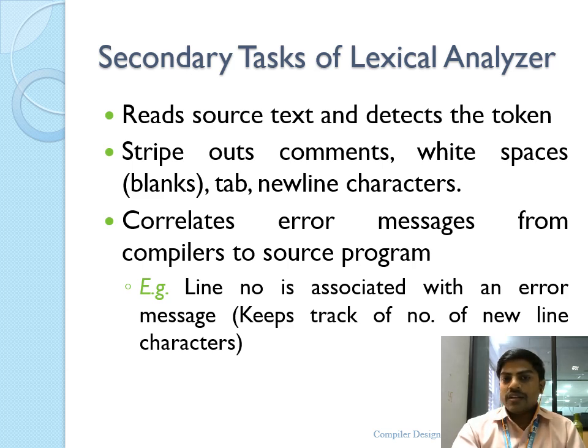For example, it links the line number where the error is identified with an error message. It keeps track of the number of newline characters as well, in order to track the line numbers, the number of lines the program has.